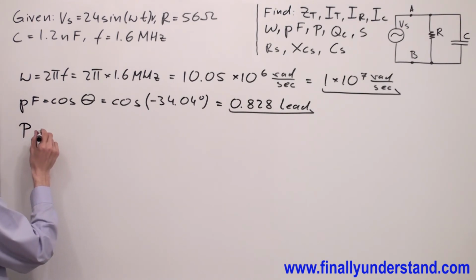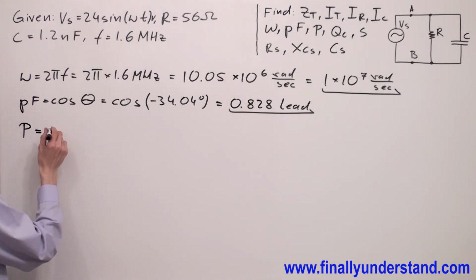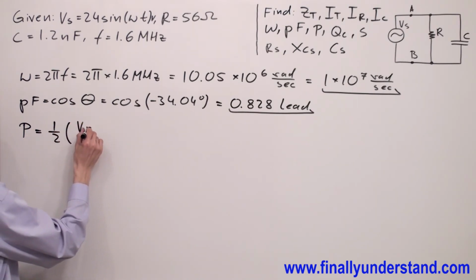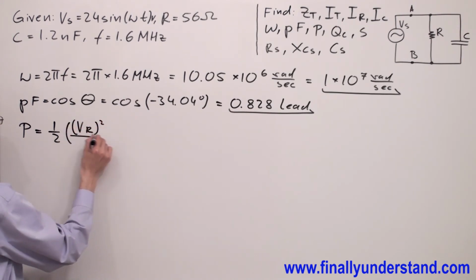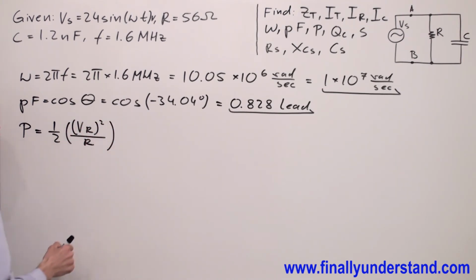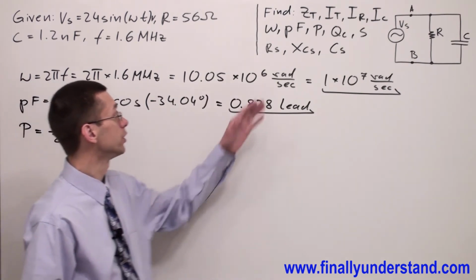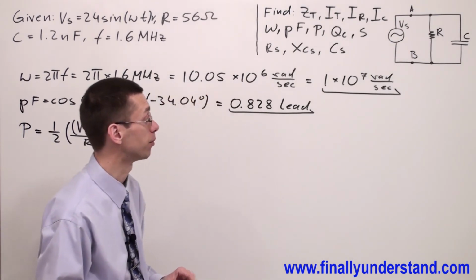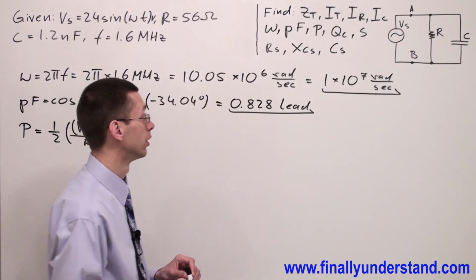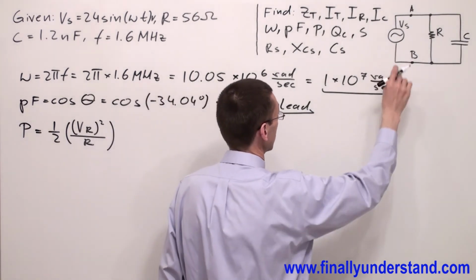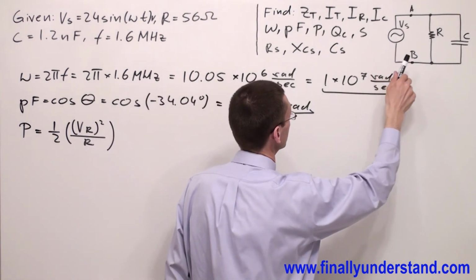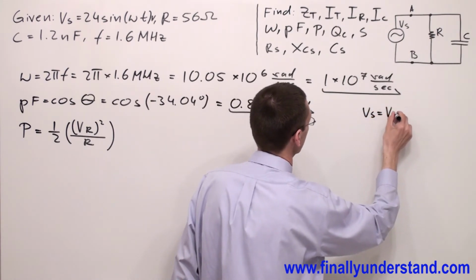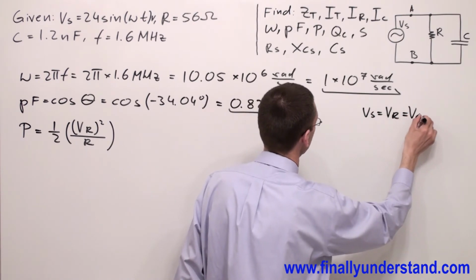So next we're supposed to find the true power. P true is equal to 1/2 of V_R squared over resistance. Now, someone is going to say, we weren't supposed to find the voltage across the resistor. But you're supposed to remember that we are talking about the parallel circuit. In a parallel circuit, the voltage is always the same, right? I mean, voltage is the same across each component. So I'm supposed to say that the voltage source is equal to the voltage across the resistor, and this is also equal to the voltage across the capacitor.